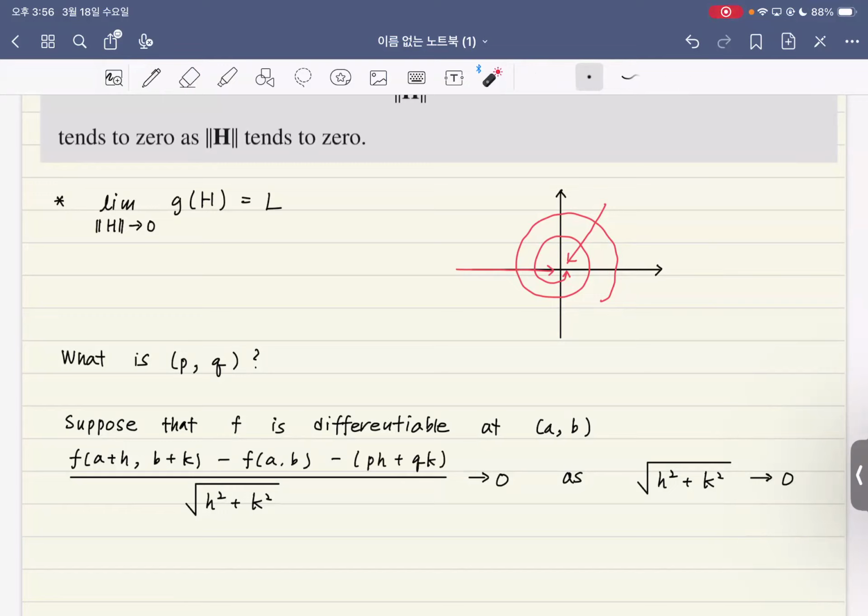So if f is differentiable at this point, then this limit exists, and the limit equals 0 as the length of this vector tends to 0. This means no matter which route you have chosen, you are supposed to get the same answer. The limit of this expression must always be 0, right? So therefore, I want to consider two routes.